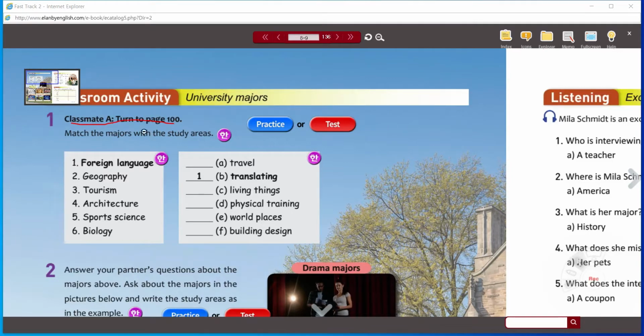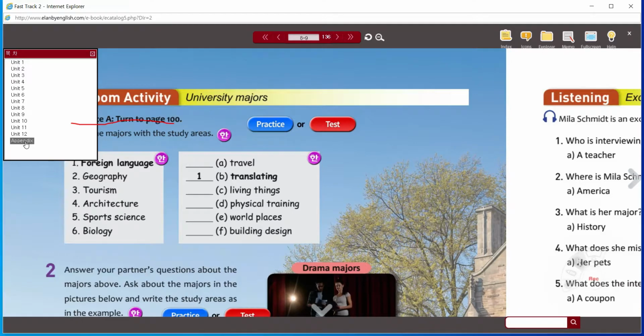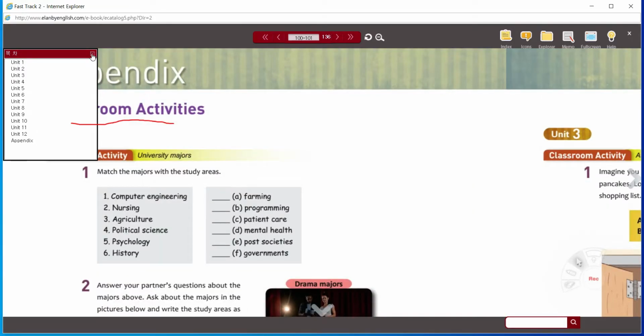Student A, you're going to turn to page 100. That should be at the back of your book in the appendix. We can see that here. You're going to do the same thing, but with a different set of content. So student A, your majors are computer engineering, nursing, agriculture, political science, psychology, and history.